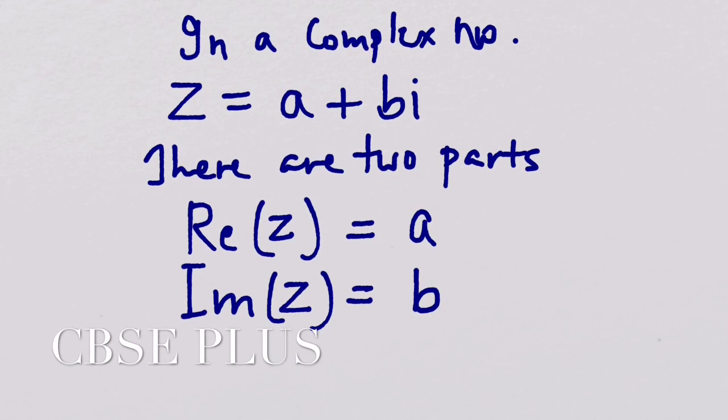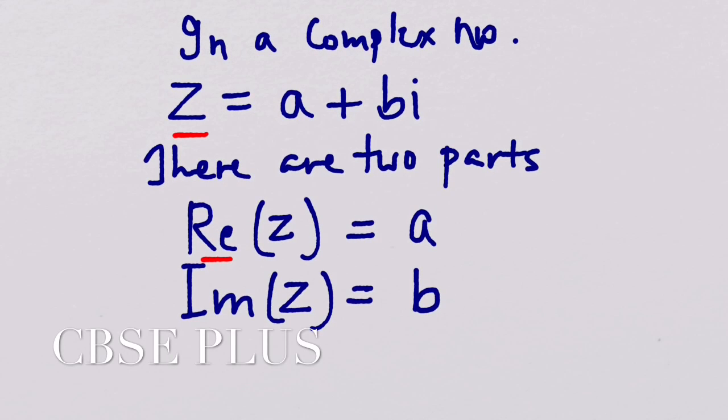Now in a complex number, z equal to a plus b iota, we have already discussed that there are two parts, the real part and the imaginary part. In mathematical terms, we can write it as Re for the real part of z. z is the symbol used for the complex number. So z is equal to a plus b iota.